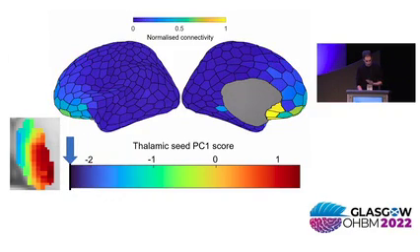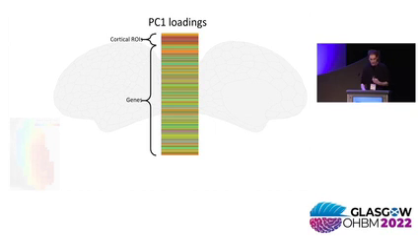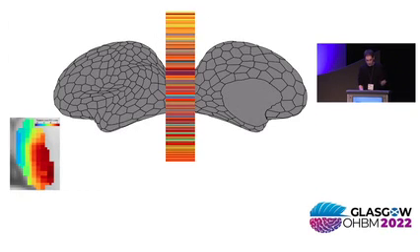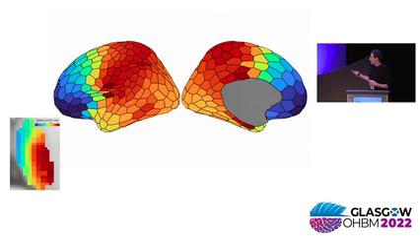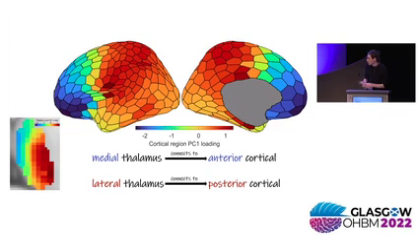We can also look at a gradient of these cortical projections by taking the principal component loadings for the cortical regions and projecting them onto the brain. When we do this, we also see this posterior-anterior gradient emerge. So what this is telling us is that medial regions in the thalamus tend to preferentially connect to anterior regions in the cortex, and lateral areas in the thalamus tend to preferentially connect to posterior regions in the cortex.